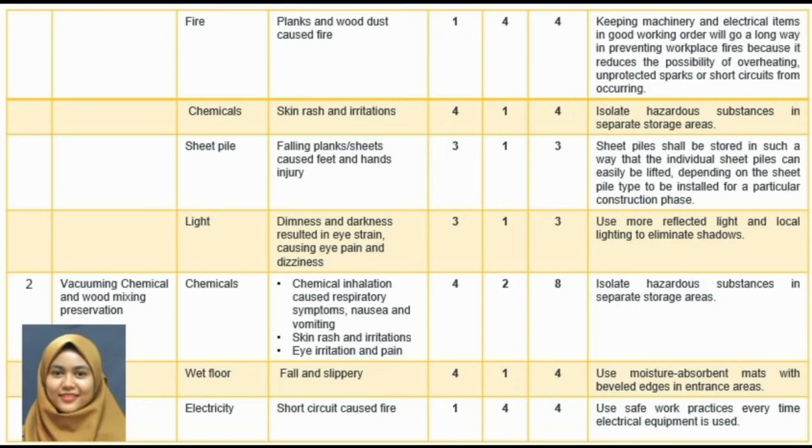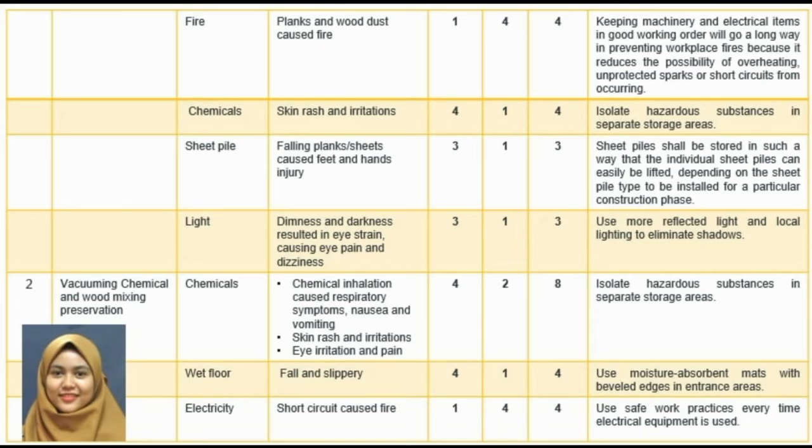For the hazard chemical, the effect is skin rash and irritation. The risk assessment is likelihood 4, severity 1, total score is 4. The action is isolate hazardous substances in separate storage areas.